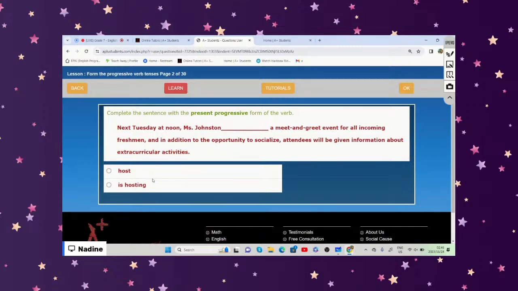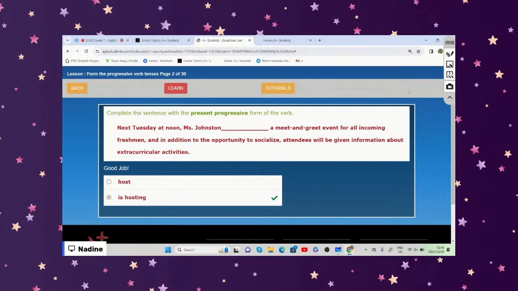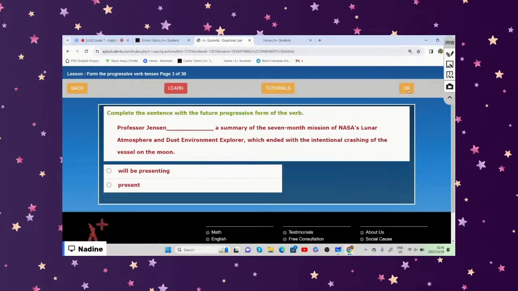So we are completing the sentence with the present progressive tense, right? So we have our helping verb followed by the main verb that ends in ing. And we can say that Miss Johnston is hosting a meet and greet event. So well done. Is hosting is correct.